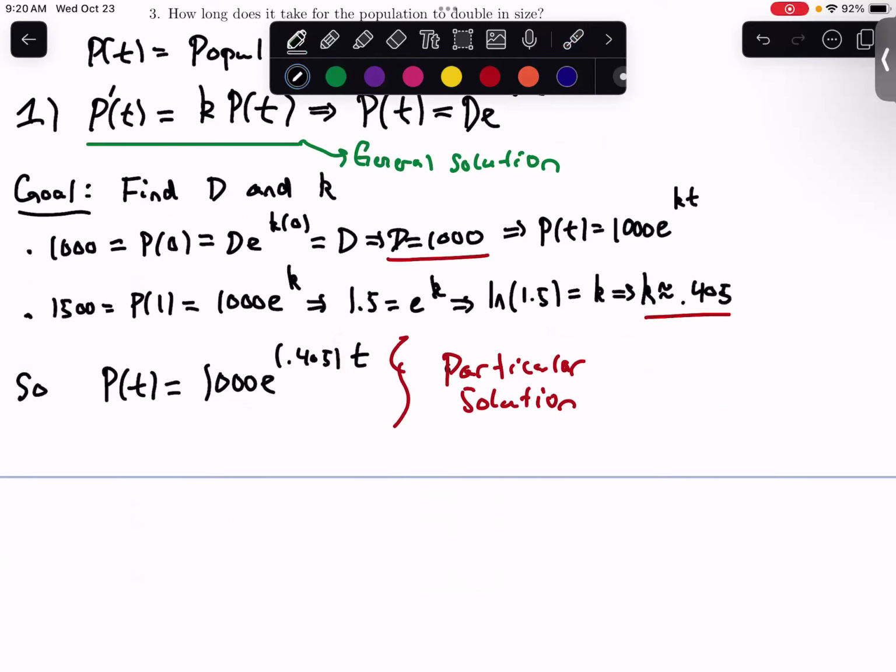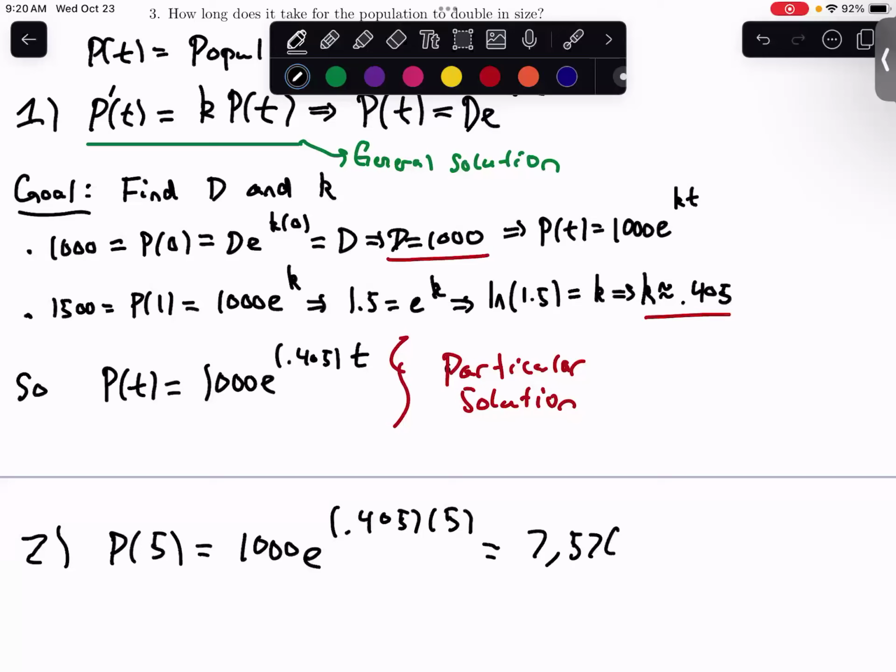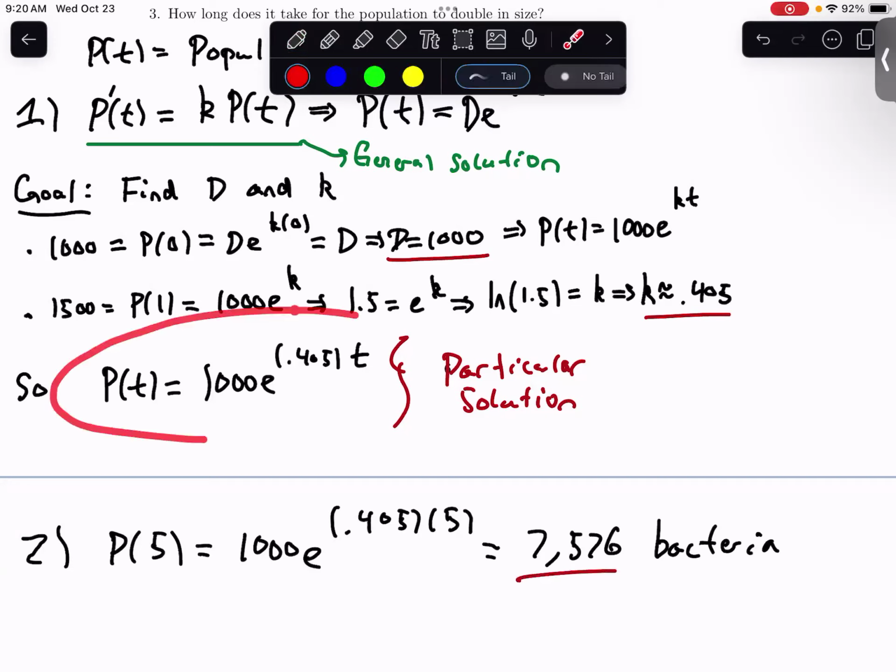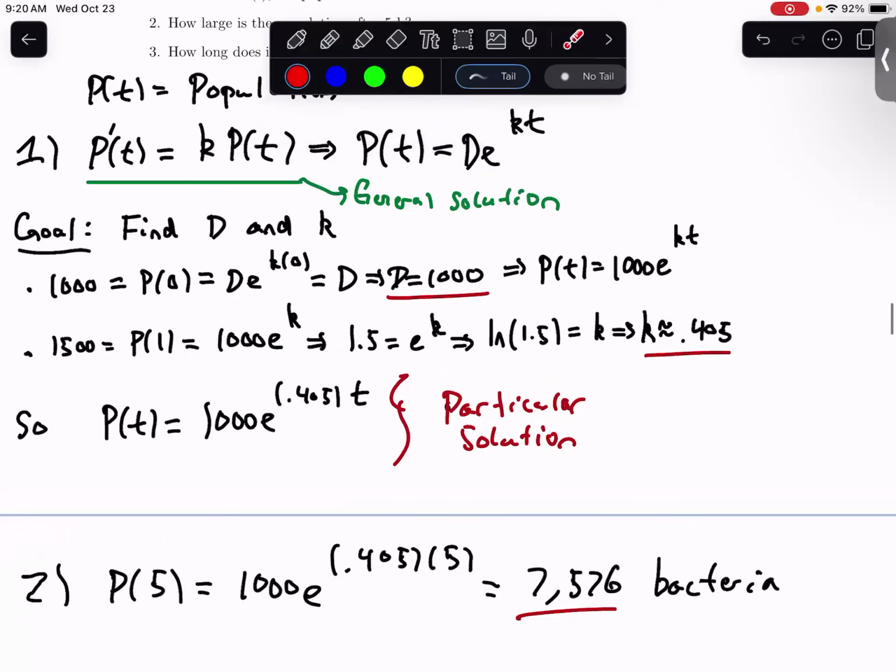So for part 2, we have that P evaluated at 5 is just equal to 1,000 times e to the 0.405 times 5. So this number ends up being equal to 7,576. Right, so once you have the particular solution, it's pretty easy to work with these things. Okay, so that's part 2.